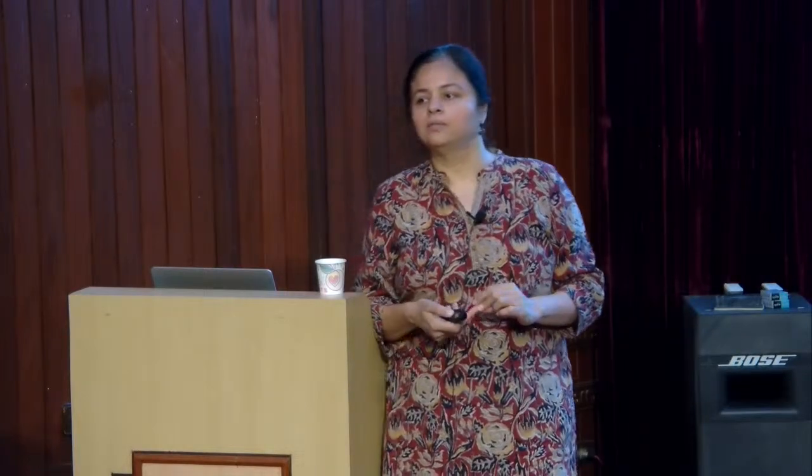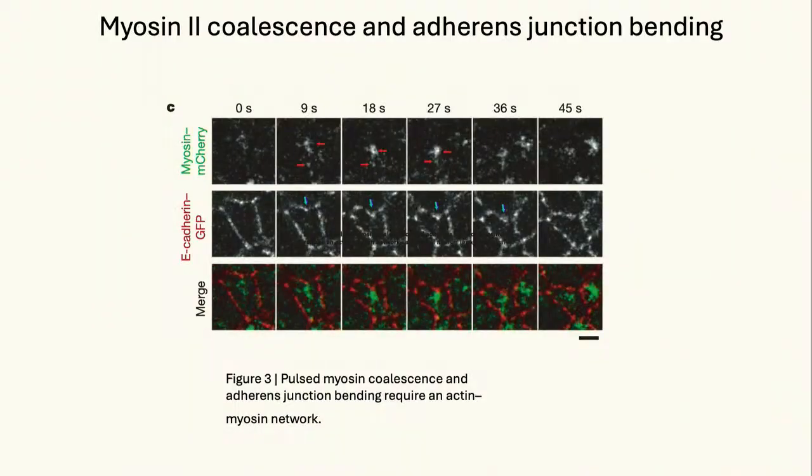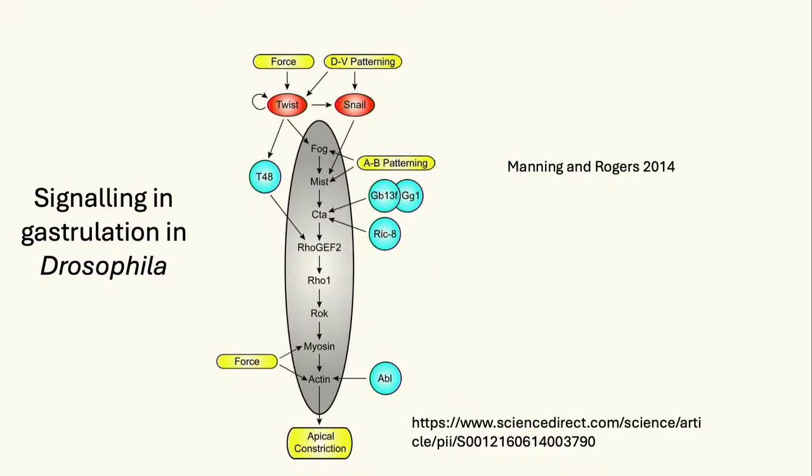So there is an increase in RhoGTP just in the apical region and an increase in myosin activation just right there. So exactly this signaling cascade.